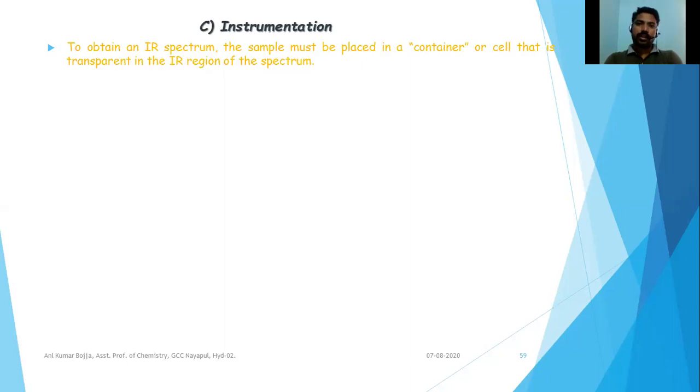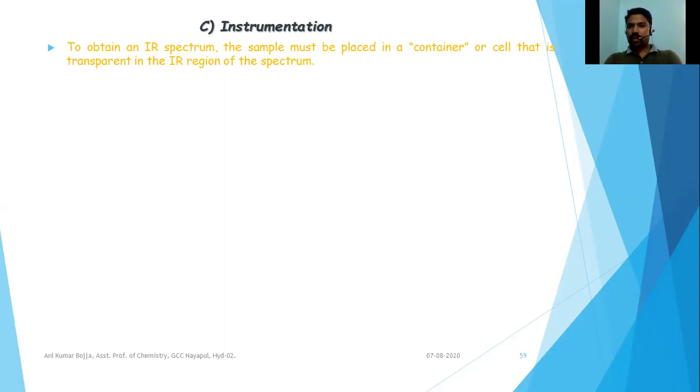Whatever the cell or equipment that we are using for placing a sample into the IR spectrometer, that plate or tube should not absorb the radiation in the infrared region.